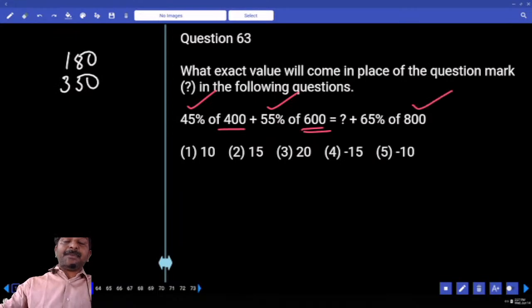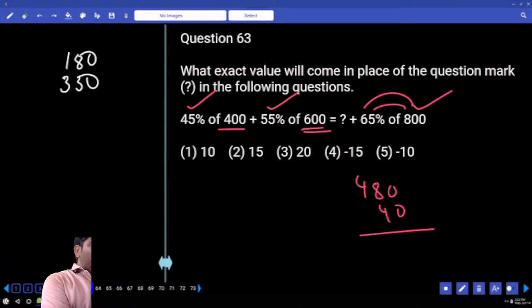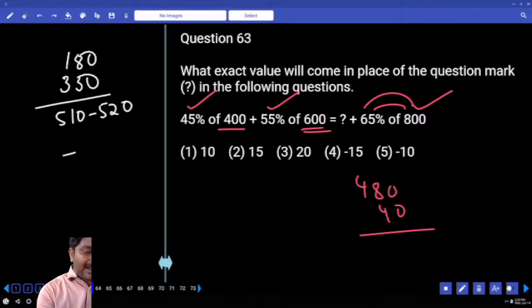How many times? 1% is 8. 65, 8 times, right? 480. 5 into 8. Total. When this value goes to the left hand side, it becomes a negative number. Already positive number 510 is there. From that, if you subtract 520, answer is minus 10.